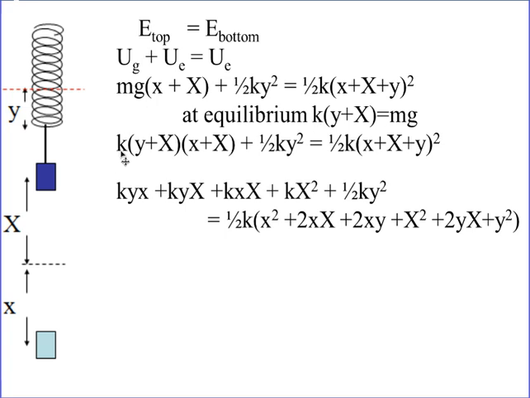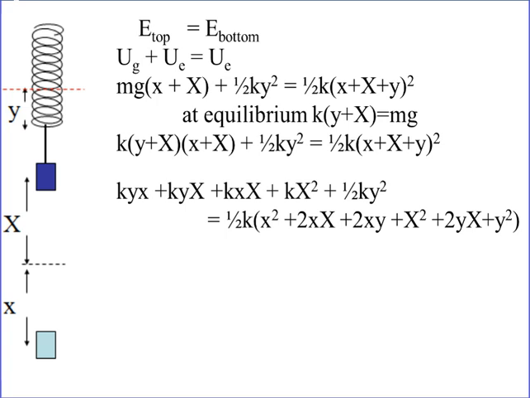So we take this expression here, and I'm going to replace mg by that expression. For mg I put in k times the sum of y and little x and capital X. Then we go through the laborious task of distributing and foiling, and you'll have to trust me that you do get these four terms out of this, plus this one, is equal to these six terms over here from expanding the square.